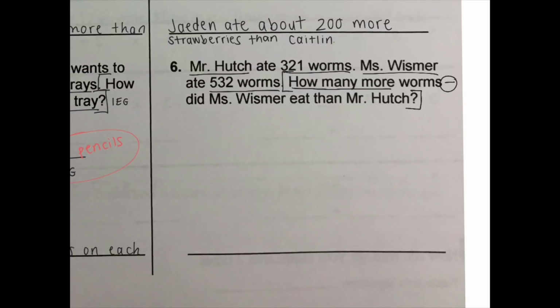If I look at my strategies, I know this is comparing two things, Hutch and Wismer, and how many worms they ate. So I'm going to set it up as bigger minus smaller equals the difference. So my bigger number here is 532. My smaller number here is 321. So I'm going to write that out.